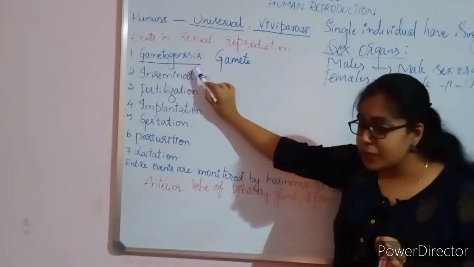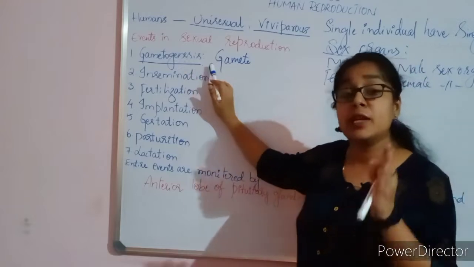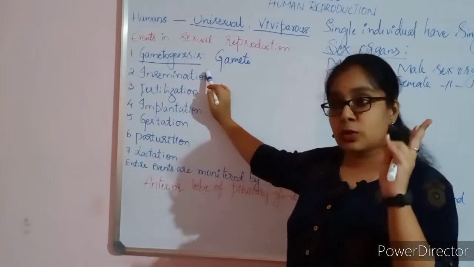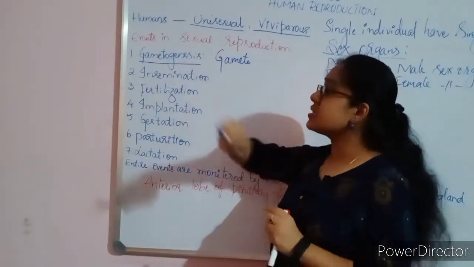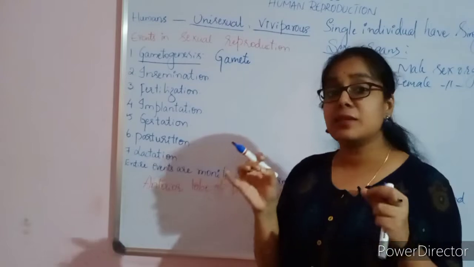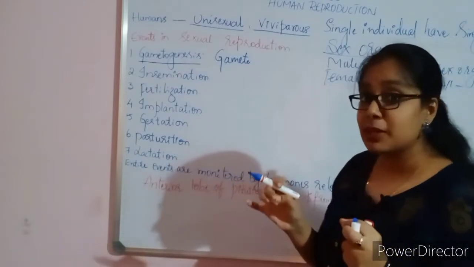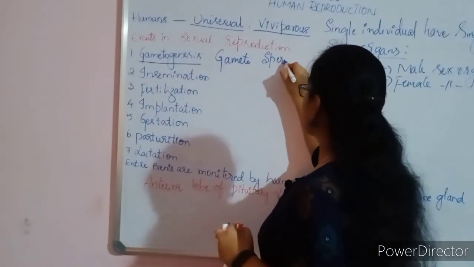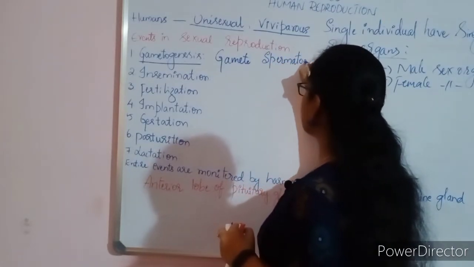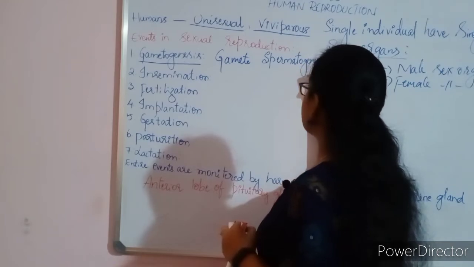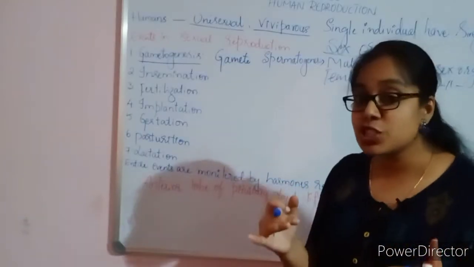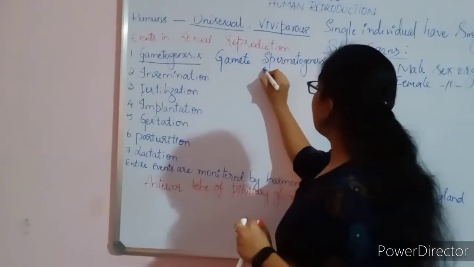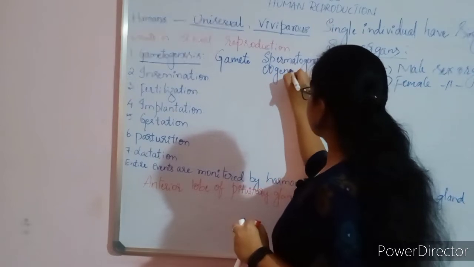Got it? This gametogenesis process will happen in both males as well as in females. If the gametogenesis process takes place in males, it is called spermatogenesis. But if gametogenesis takes place in females, then it is called oogenesis.